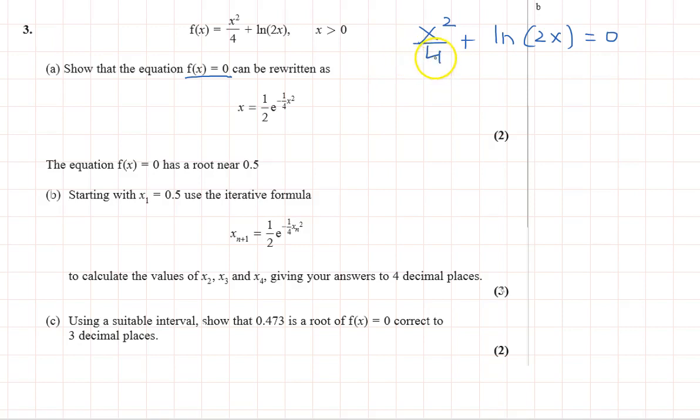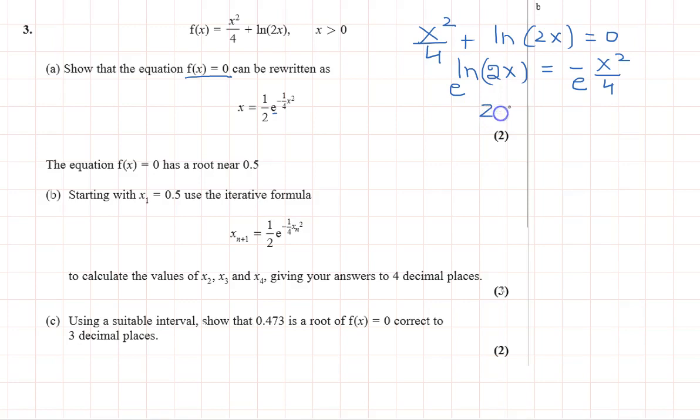So let's say ln 2x is equal to, here e is there, so it will be minus x squared over 4. So we take anti-log. So taking anti-log, this power e, this power e, so this will cancel.